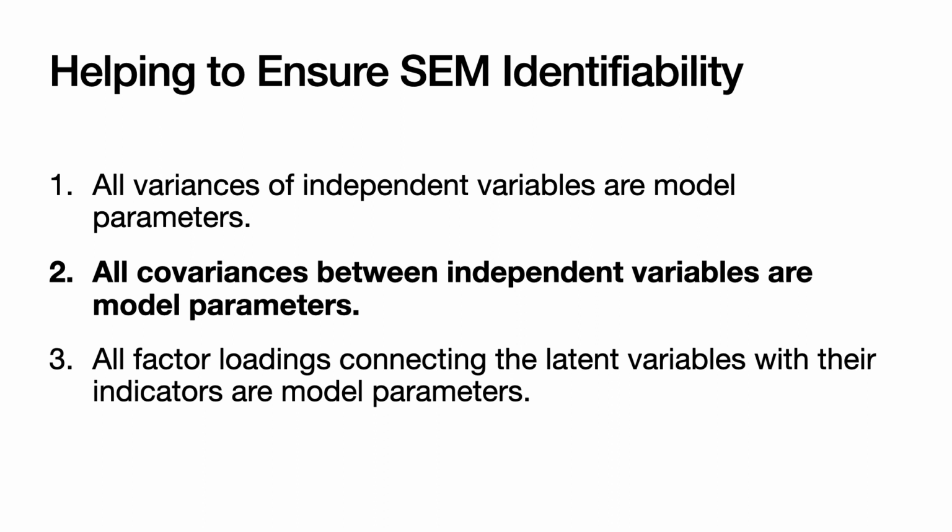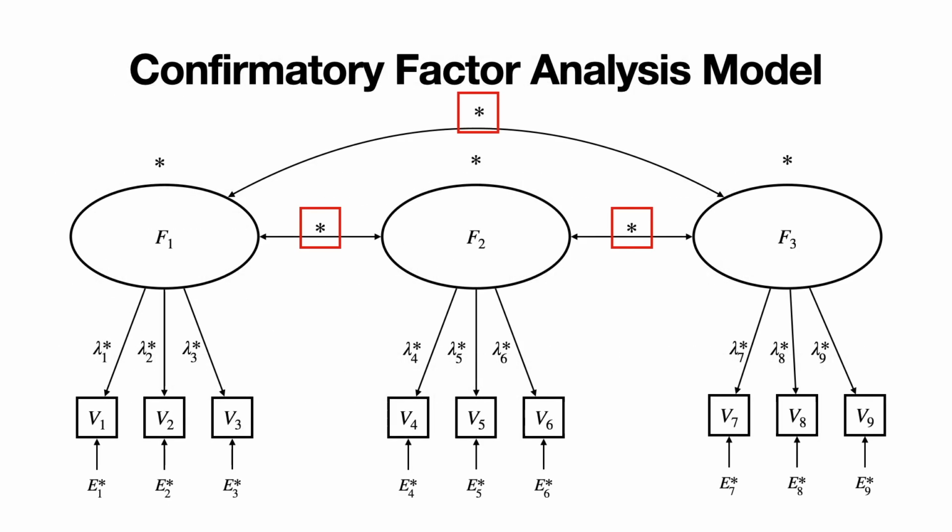Rule number 2, all covariances between independent variables are model parameters. So again, looking at the path diagram for our confirmatory factor analysis model, we see that we have 3 asterisks in the path diagram corresponding to those covariances between the pairs of latent constructs.